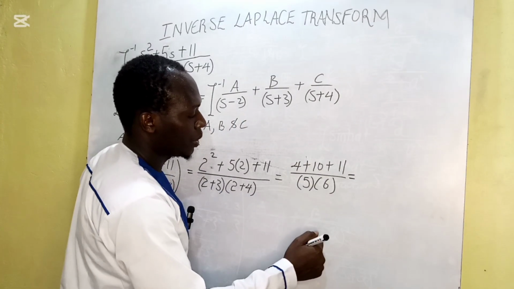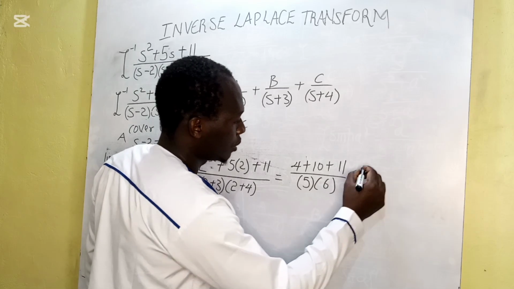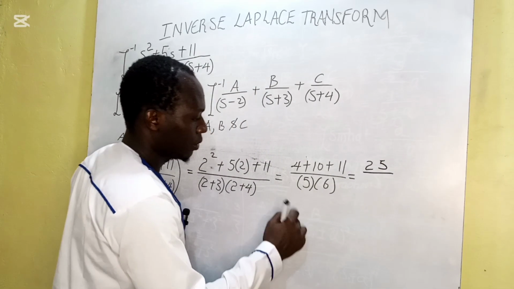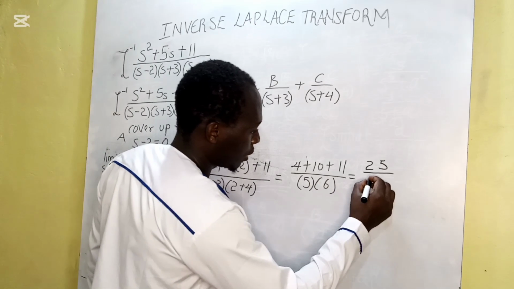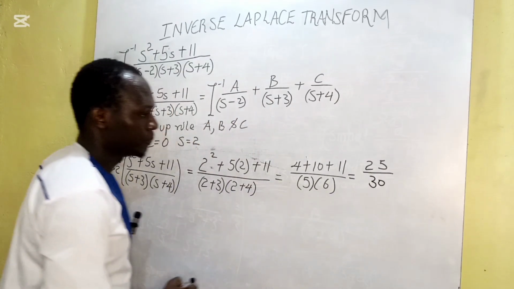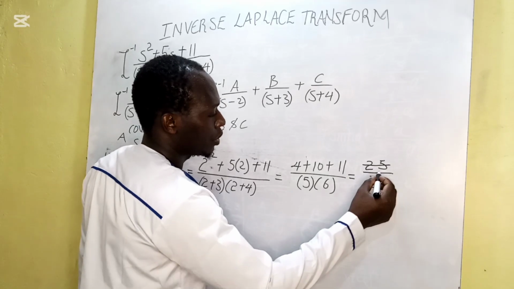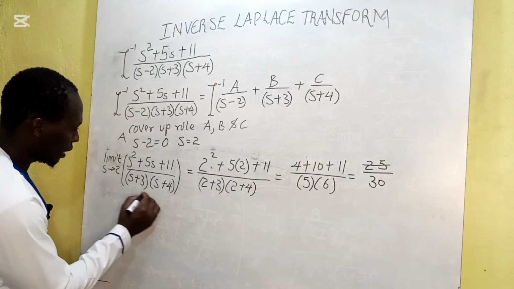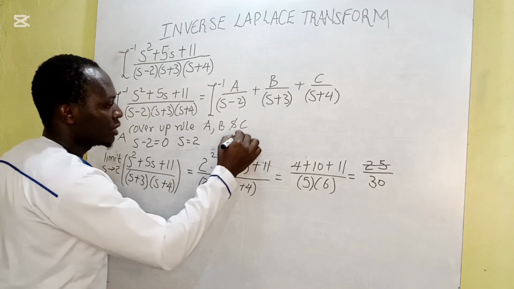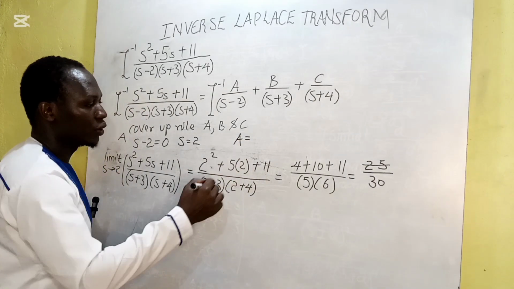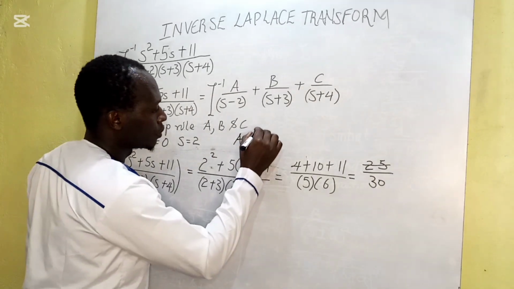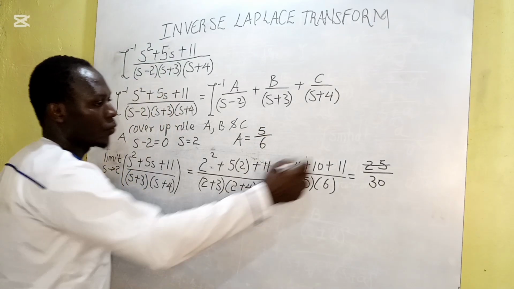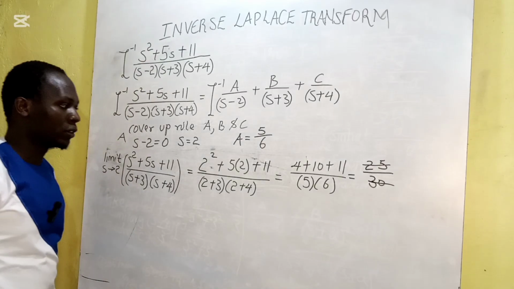When we add our numerator, we have 25 over 30. 5 goes into 25 five times, and 5 goes into 30 six times, to mean that the value of A is 5 over 6 when we simplify.